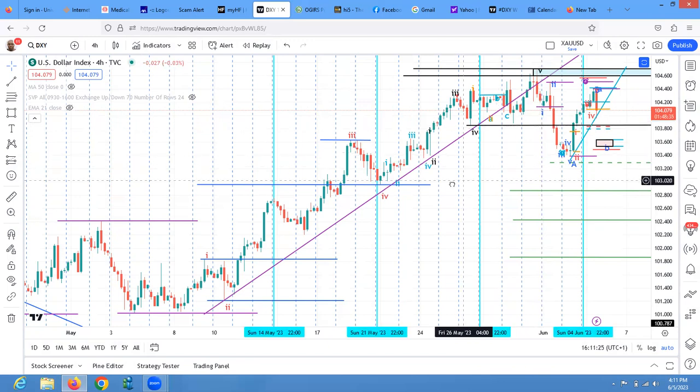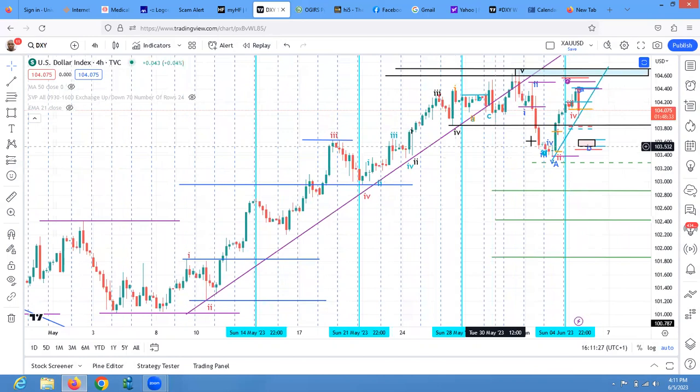Now, that we break this structure again to the downside, we should expect, based on what the upper larger time frame is giving us, that when we have a break of structure, we should first think that break of structure should give us a minimum of ABC correction.